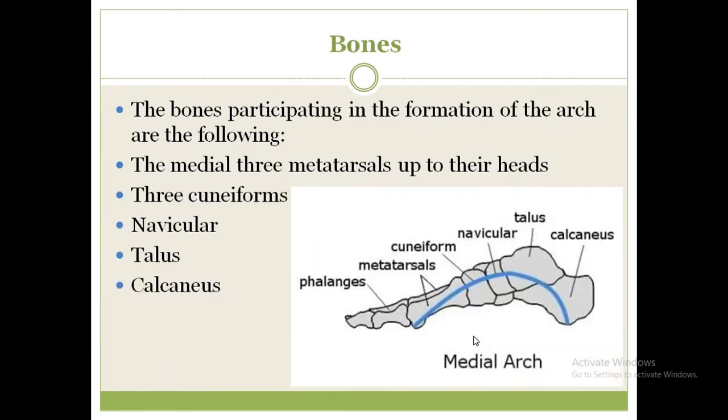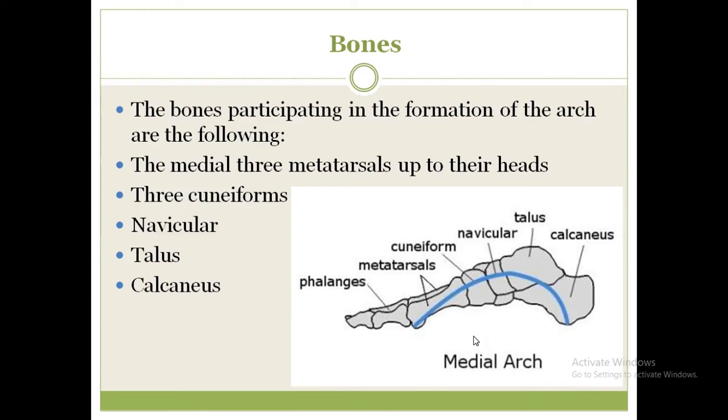Then the architecture of the arch, or the framework of the arch, is formed by the bones, and the bones which contribute in the formation of the medial longitudinal arch come from all three sources, that is from the forefoot, midfoot and the hindfoot. From the forefoot come the medial three metatarsals.